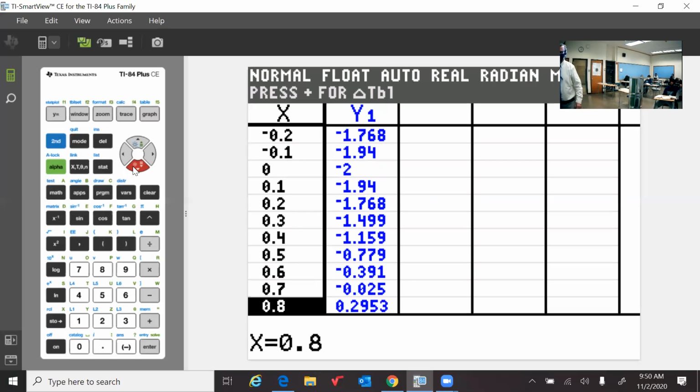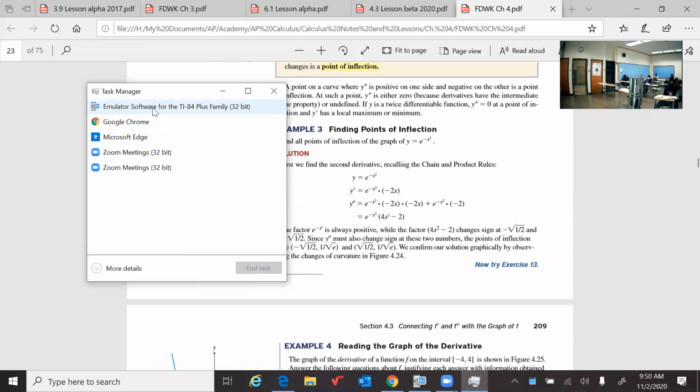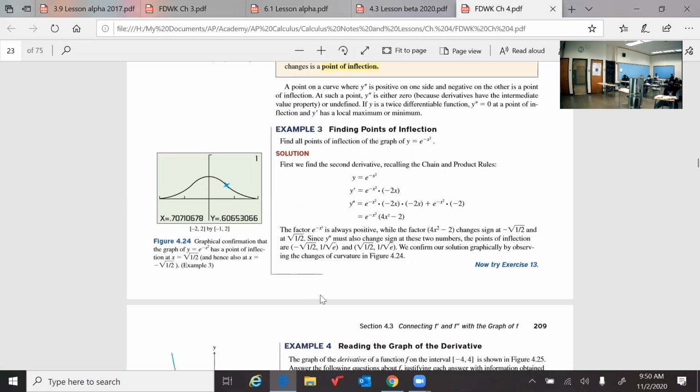So if I go here, and you see this picture, here's the graph opening up. Then it begins to open down.